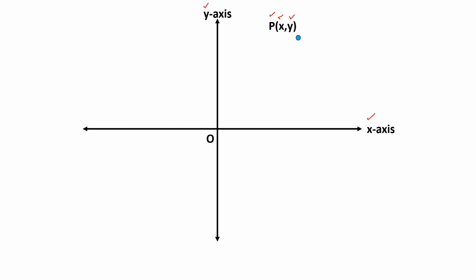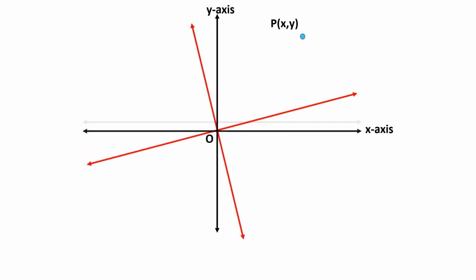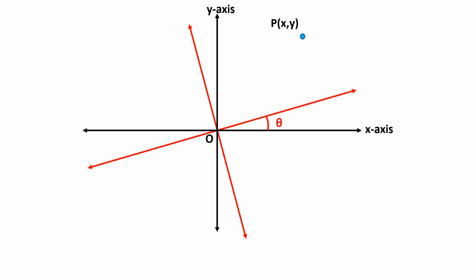Now we rotate the system through a certain angle theta, and the rotated set of axes is represented by capital X, Y. So the coordinates of the same point P according to this new rotated axis are capital X and capital Y. We join O and P and label this length as R. We draw a perpendicular PM from P on the small x-axis.